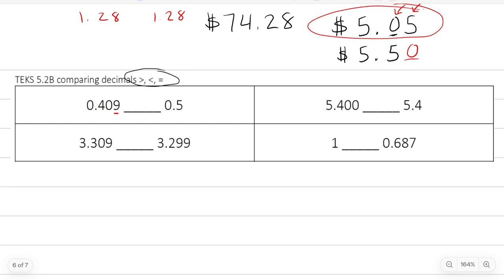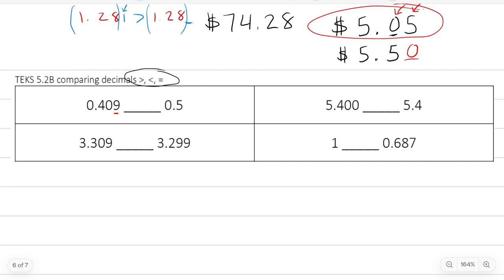Let's say this one has a 1 in the thousandths place and this one has no number there. Now we can say this one is bigger than this imaginary zero that exists there. So then we would know this one is bigger. But we only look at the thousandths place if we absolutely have to. First, we just want to look at it like money.